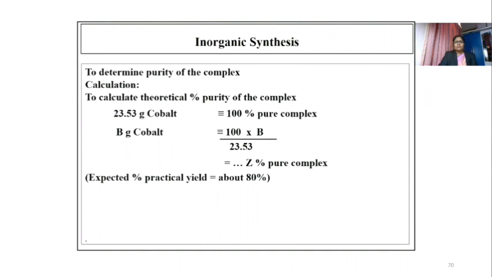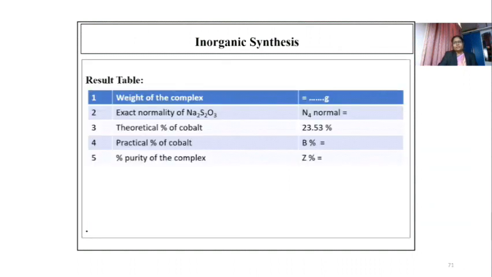Here the expected percentage practical yield is about 80%. Now this is the result table. Here we found out the weight of the complex, exact normality of sodium thiosulfate solution, theoretical percentage of cobalt, practical percentage of cobalt, percentage purity of the complex.